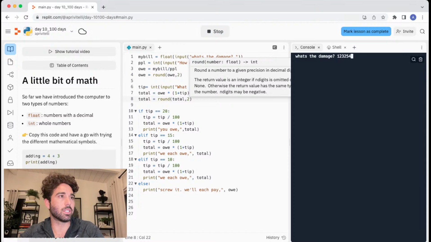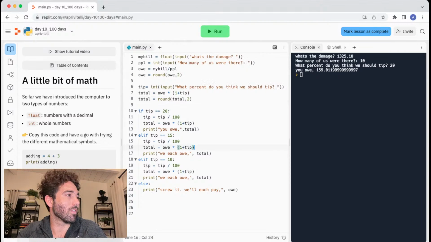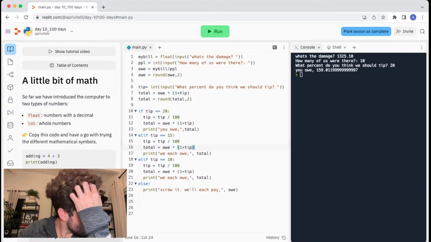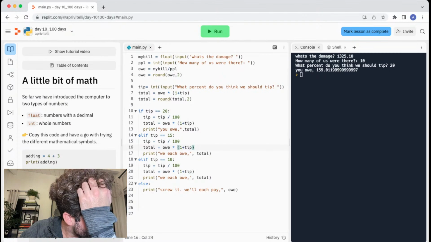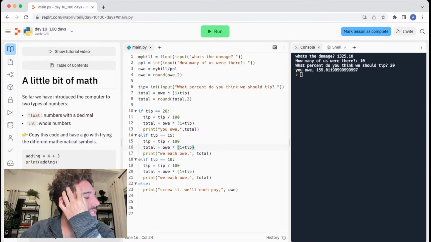I forgot what it was. 1325.10. How many of us were there? There's 10. Let's tip 20%. What? I thought I'm rounding the total now. Round total to 2.